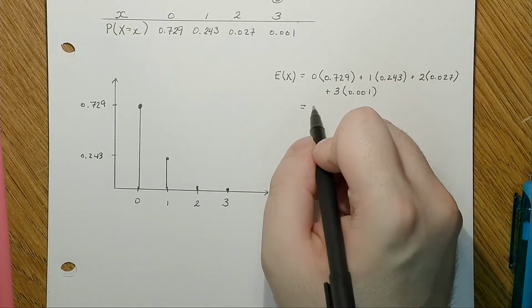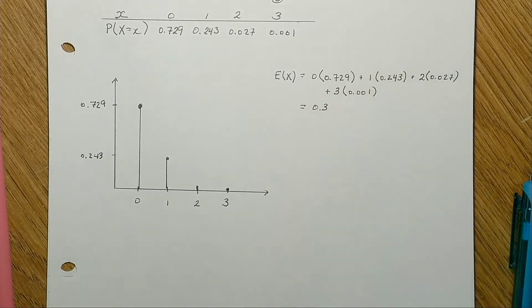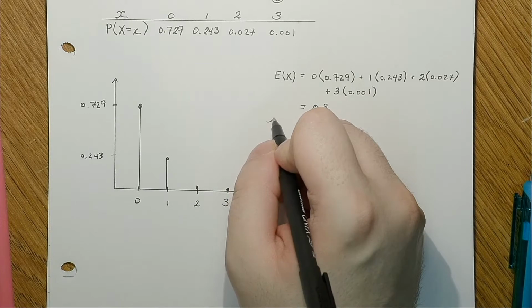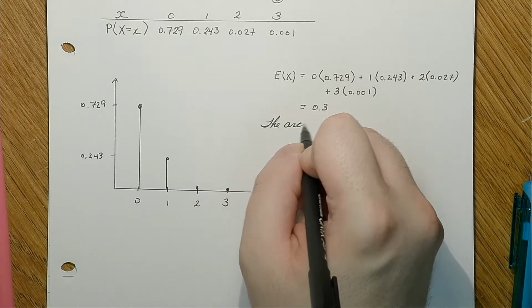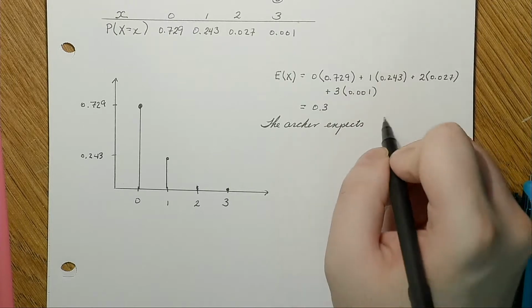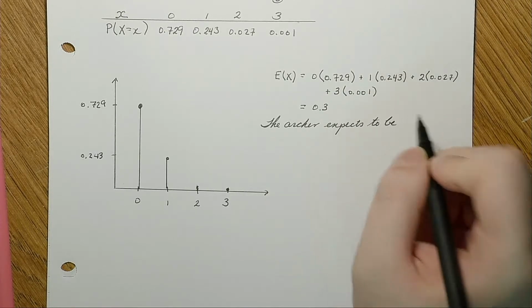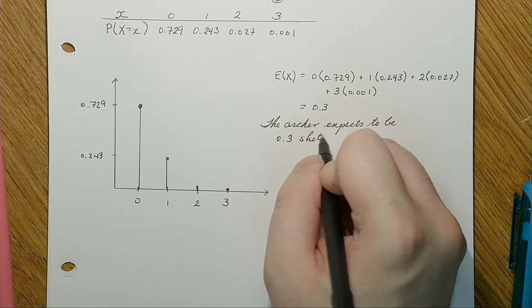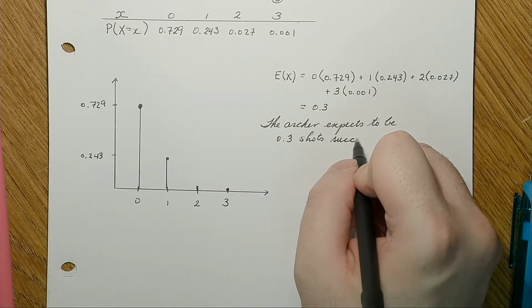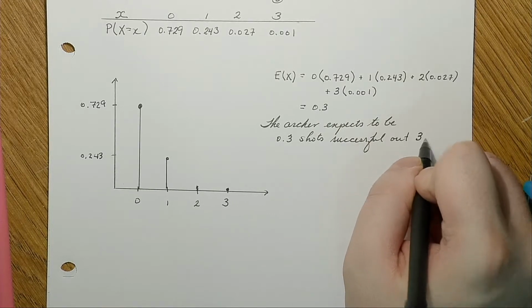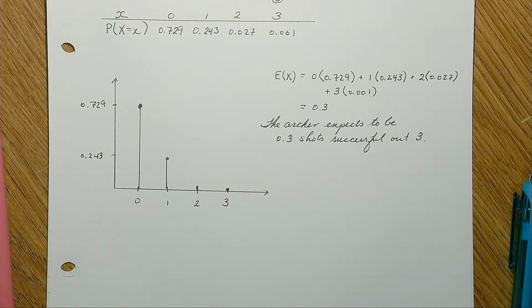And if we add this up, that gives you 0.3. So the archer expects to be 0.3 shots successful out of 3, which isn't great.